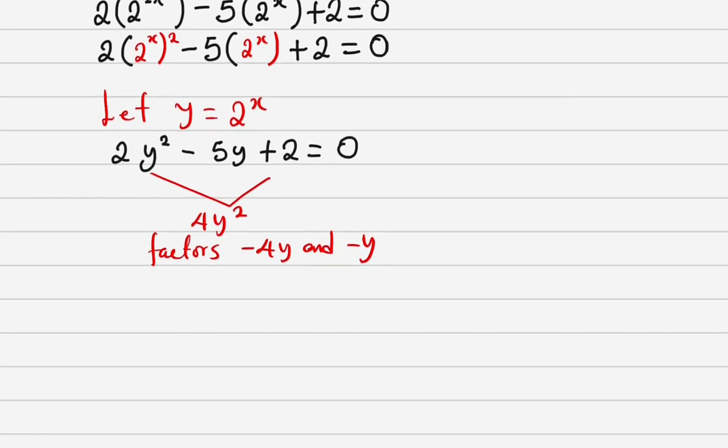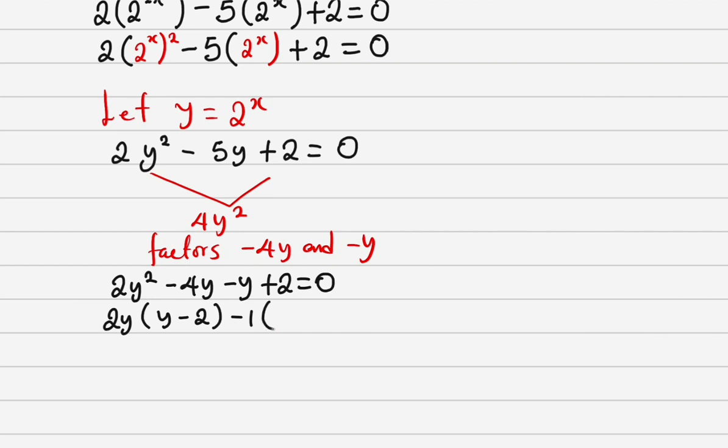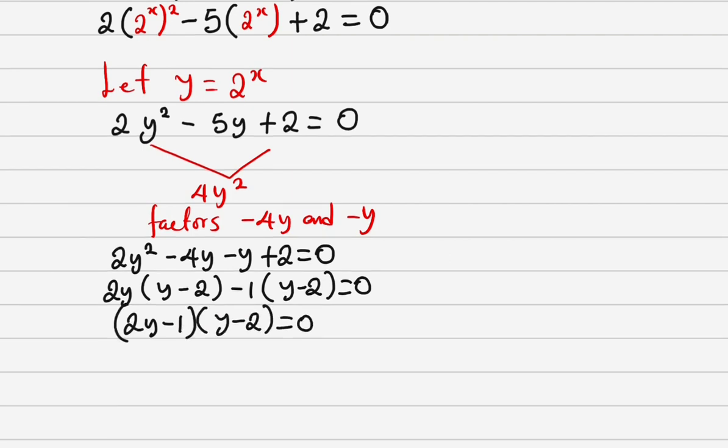Substituting them, I'm going to have 2y squared minus 4y minus y plus 2 is equals to 0. This is 2y, this is y minus 2. Then minus 1, of course, I have y minus 2 is equals to 0. So I have 2y minus 1, then I have y minus 2 is equals to 0.